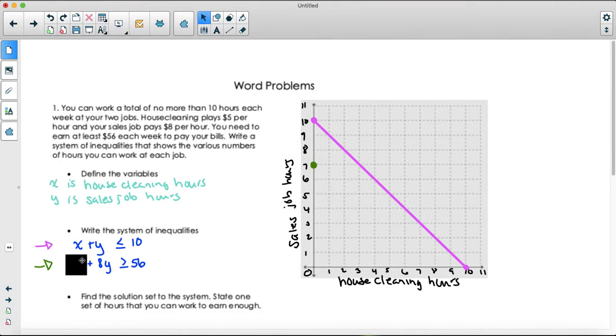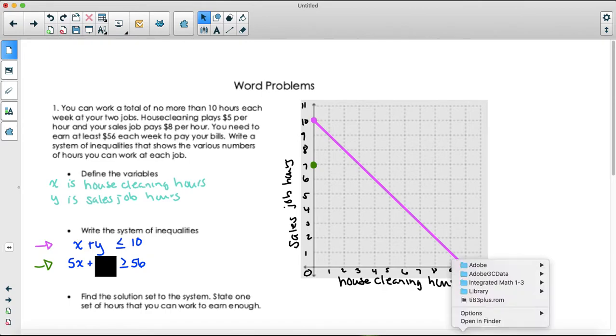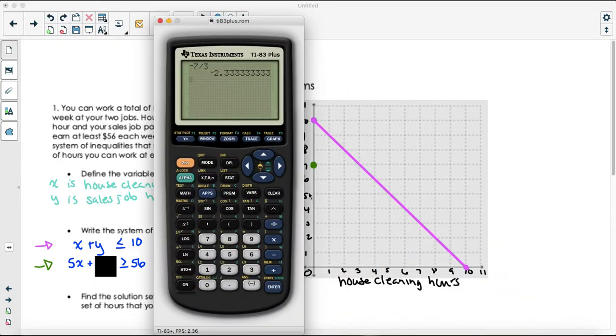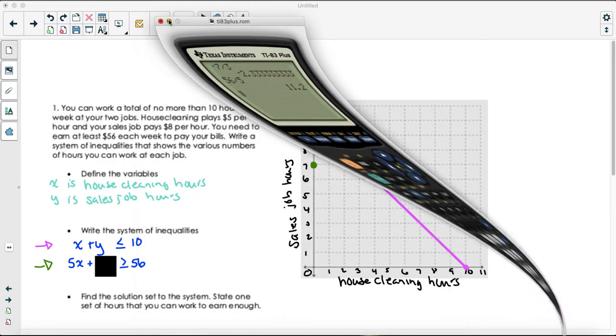I'll do the same thing and cover up my y. 56 divided by 5 gives us 11 and 2/10.